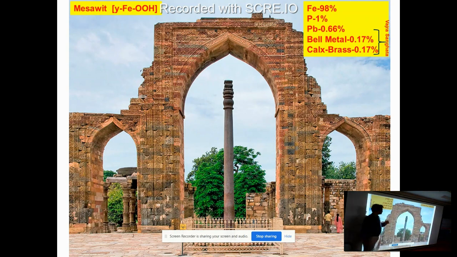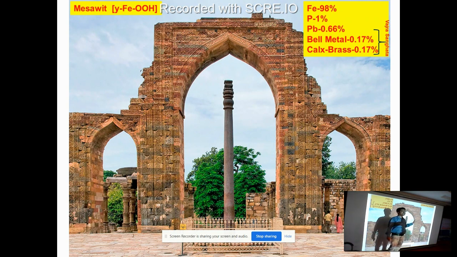The importance of this iron pillar is that this entire structure is made up of iron only, and it is exposed to the atmosphere. There is no top layer, no barricades. So rain will fall, sun will attack, foreign dust will attack. But still, this 2000 year old iron pillar is as it is.